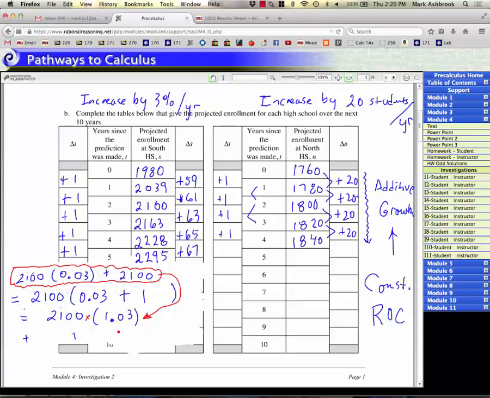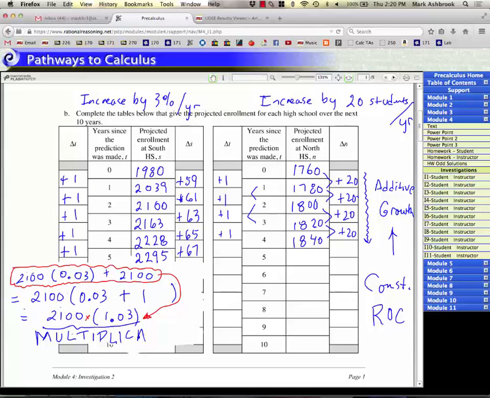What do we got? This is exactly what we said exponential growth was, right? Growth by multiplication on the output. So this is where the other one, North High School, is additive growth.